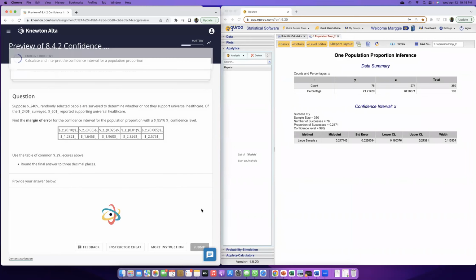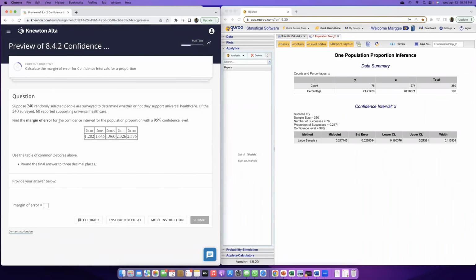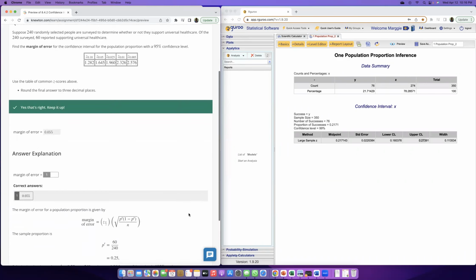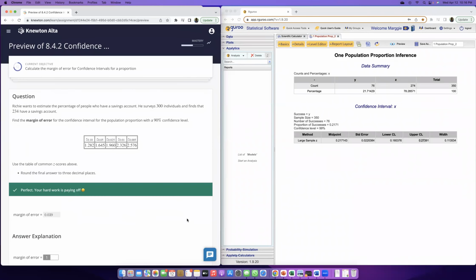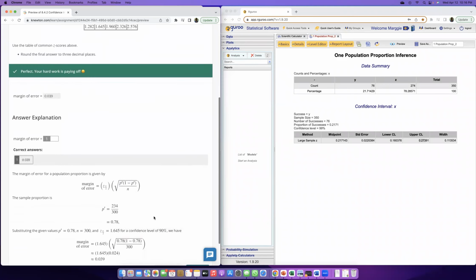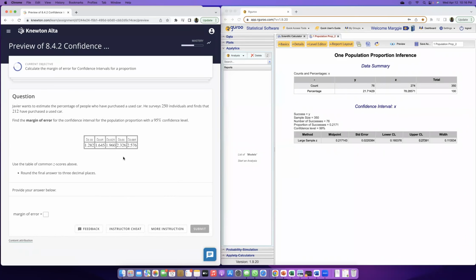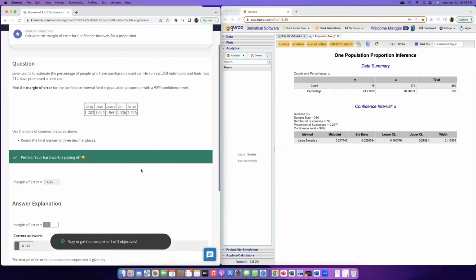Okay, so let's try to do another one. I am going to move on because I want one where we need to find the confidence interval, right? I don't want to find margins of error anymore.